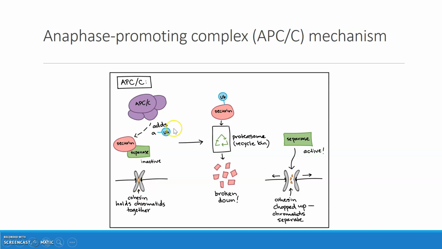And so when APC/C ubiquitinates securin, it targets it for degradation, and that leaves separase free. And now separase, as an enzyme, can go and do its job. It's active, and its job is cleaving those cohesins. And when it does that, it basically cuts right down the center of the two sister chromatids and allows them to separate in the next stage of mitosis, which is anaphase.